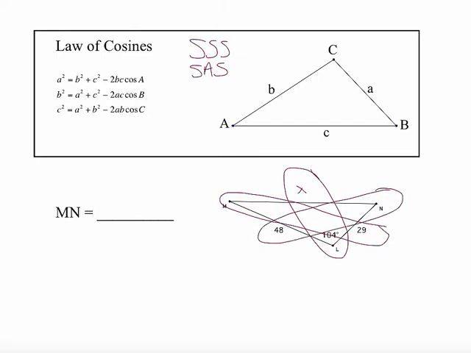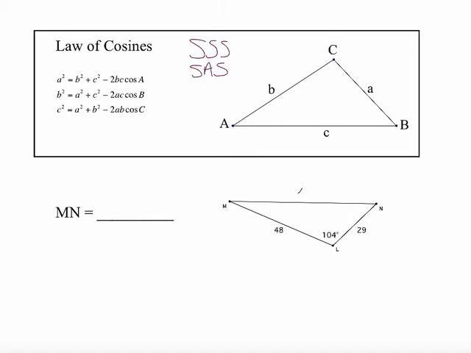So I don't know enough angles or enough sides to figure out that missing side x using law of sines. So that's how I know I'm going to try and use law of cosines. And if you look at this, this is the side followed by the angle followed by the side relationship that also kind of clues me in that I'm going to use the law of cosines.